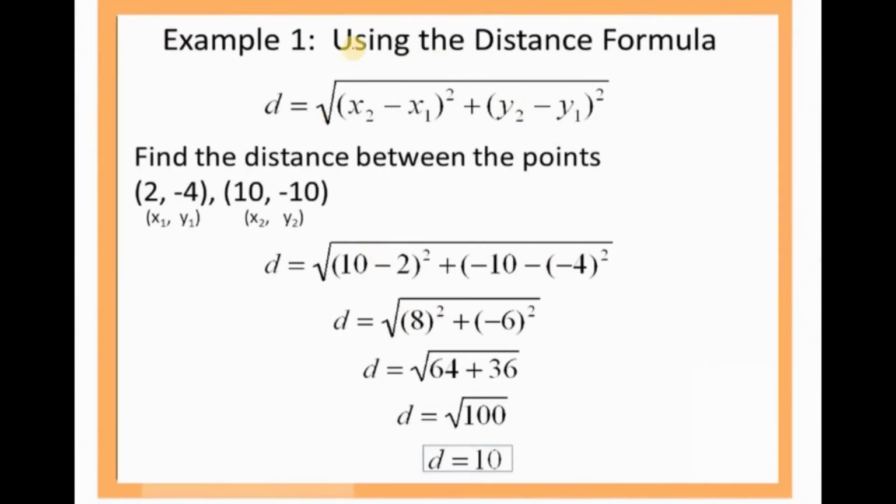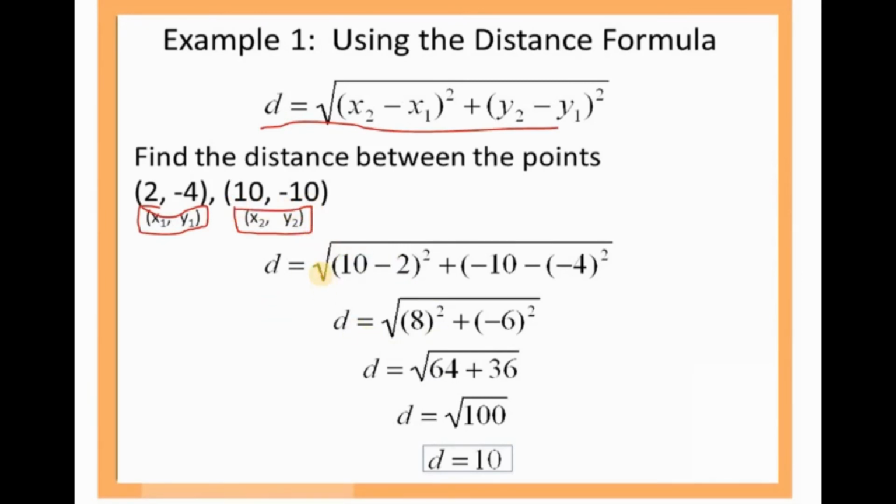Let's see an example using the distance formula. Distance formula is under root (x2 minus x1) whole square plus (y2 minus y1) whole square. Find the distance between the points (2, minus 4) and (10, minus 10). Let us assume 2 is x1 and minus 4 is y1. And let us assume 10 is x2 and minus 10 is y2.